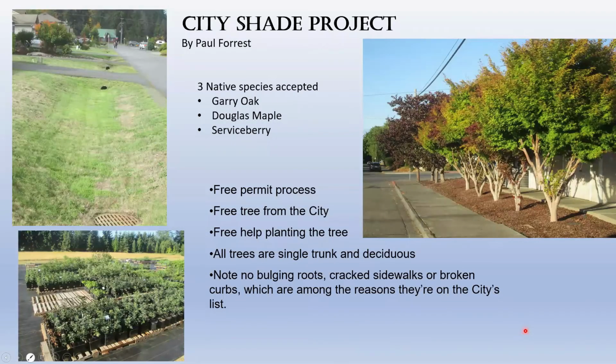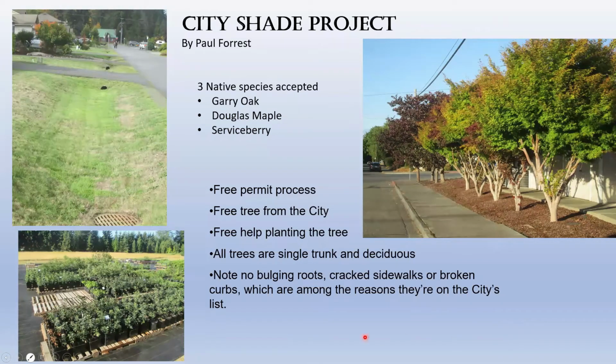And I wanted to mention a project here called City Shade Project. Paul Forrest is a citizen of Port Angeles that has really spearheaded this. He is committed to getting more urban canopy in the cities, both Sequim and Port Angeles, and even Forks. So he is working with the city to change the permit process right now.